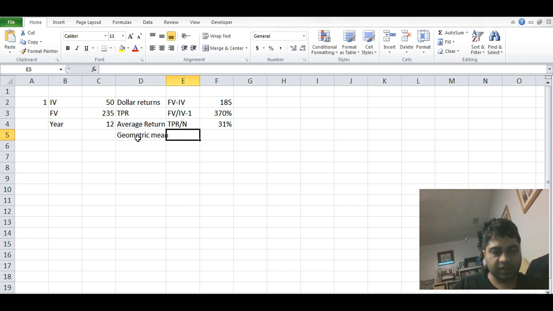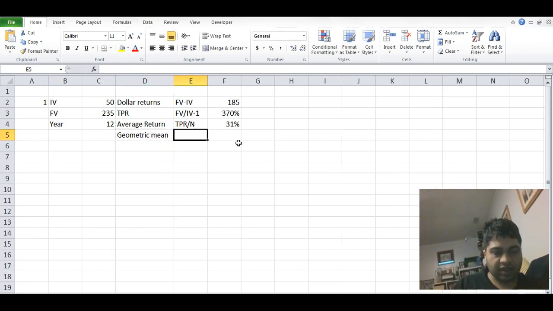Geometric returns are simply 1 plus total percentage return to the power 1 divided by n, minus 1.